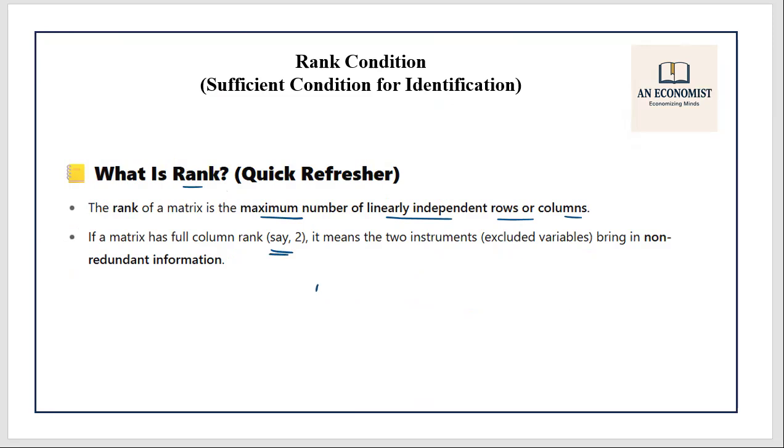So G minus 1, suppose you have a total of 3 endogenous variables in your model. You have to see whether the matrix formed by the excluded variables of a particular equation, but included in the model, can be of full rank, that is of order 2, or not. If you can do that, we'll say yes, the rank condition is satisfied. If it is not, then we'll say the rank condition is not satisfied.